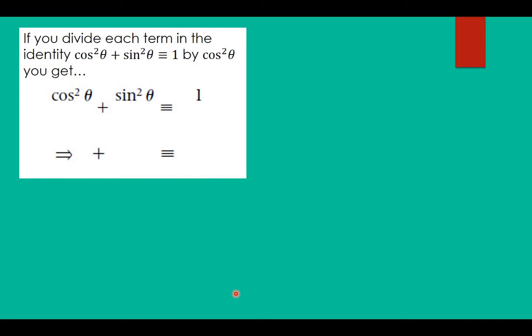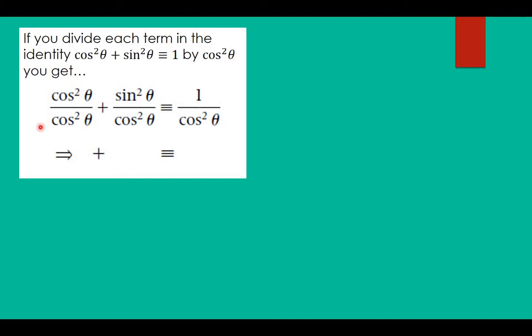So we're now going to develop our Pythagorean identity and see if we can come up with something else. You now know what the reciprocal trig functions look like, so we're not frightened of dividing by cos. So we divide everything in our lovely cos squared plus sine squared is 1. We're going to divide it all by cos squared and see what we get.